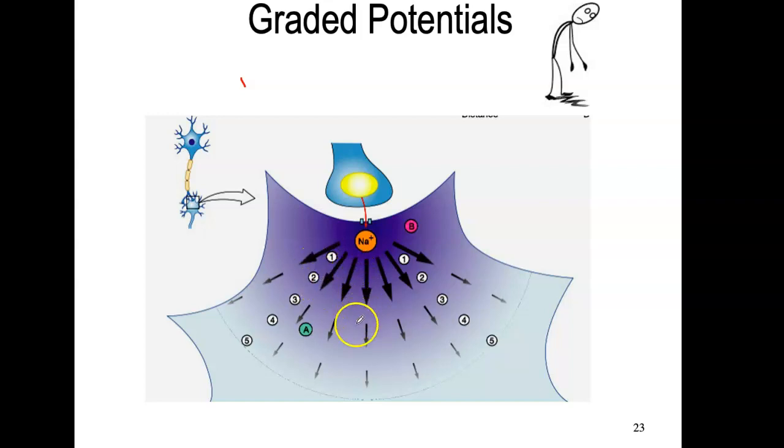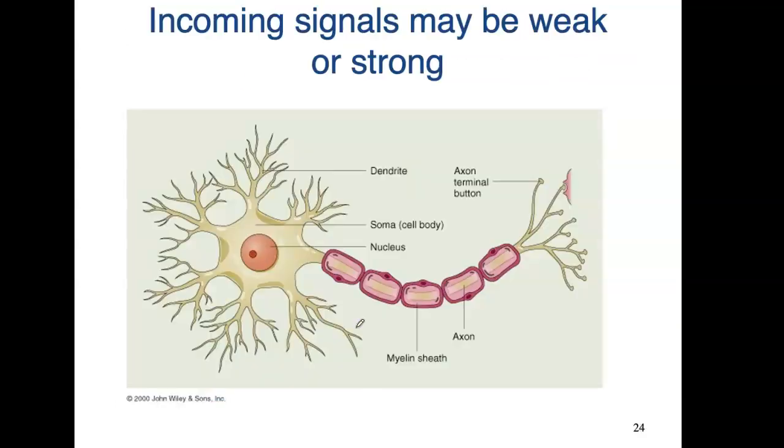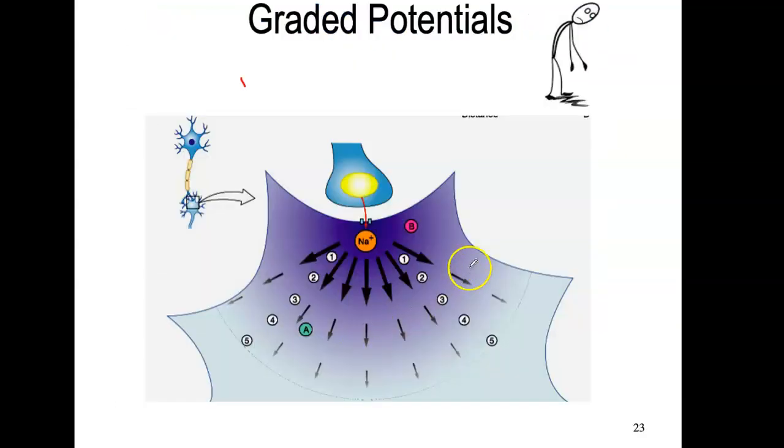But as it goes moving, there's leakage. There's leakage, and the big arrow, which is showing that current and the opening of those channels, is getting meager and smaller and smaller and smaller. So what if it never reaches the axon hillock?